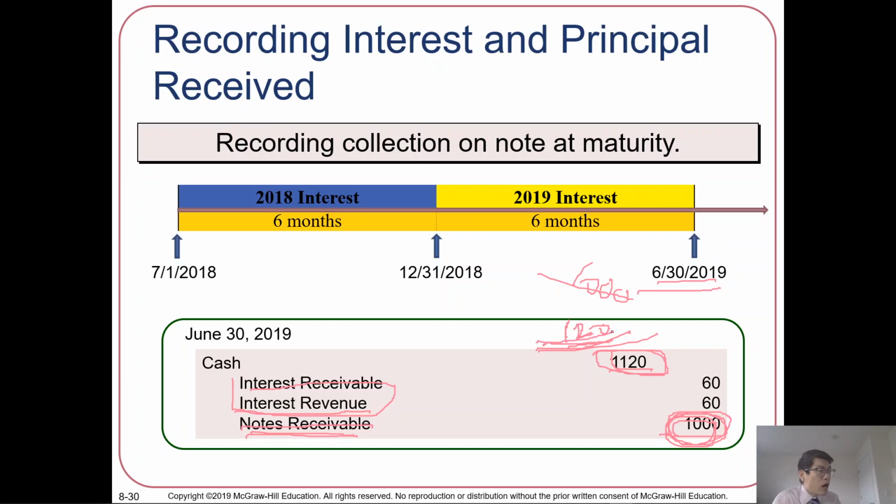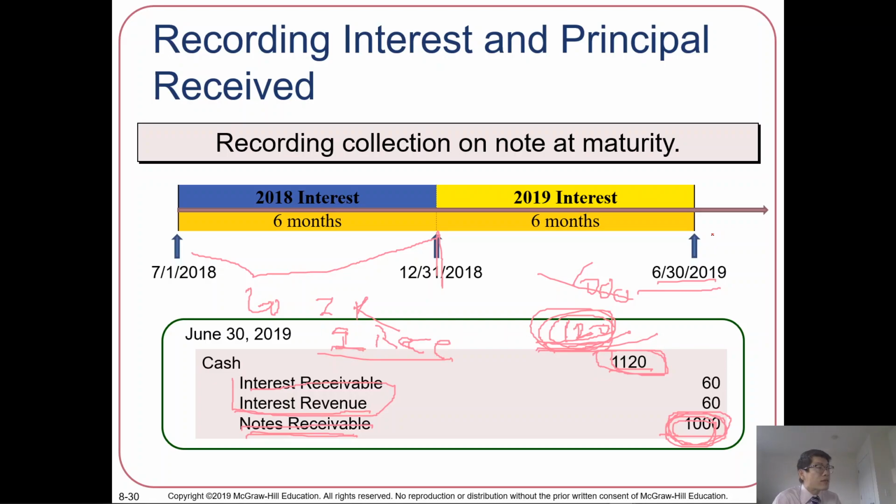Remember, out of this $120 interest, $60 is interest revenue earned during the 6 months of 2018, and at the end of 2018 we already recognized the interest revenue, which is $60, and we have interest receivable, which we are going to receive in the future.